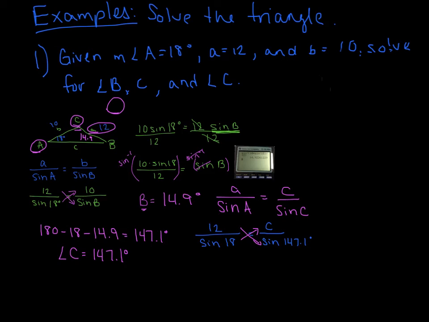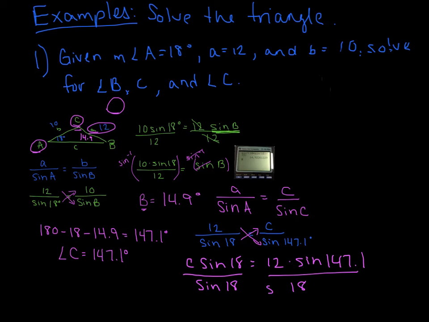So I get C times the sine of 18 equals 12 times the sine of 147.1. I want to get C by itself, so I'm going to divide by the sine of 18 on both sides. The sines do not cancel.